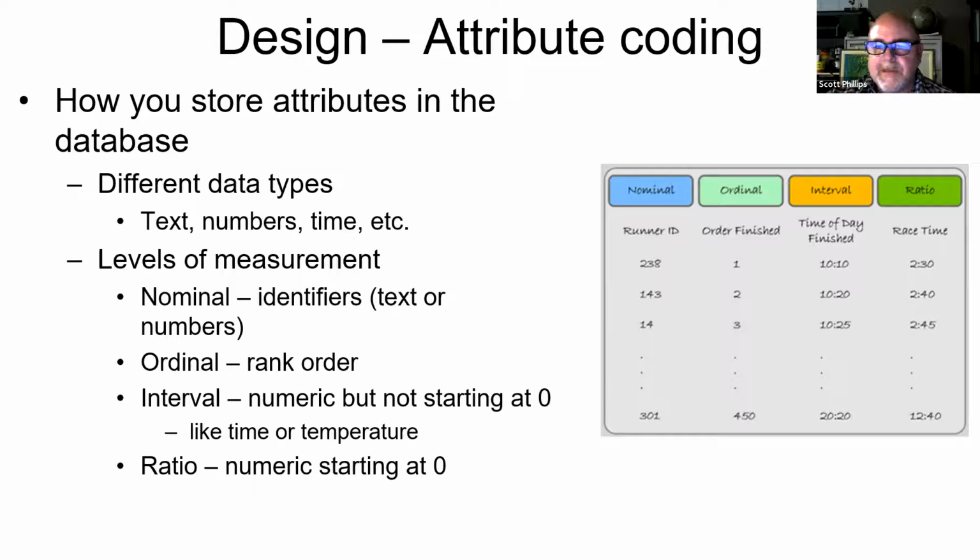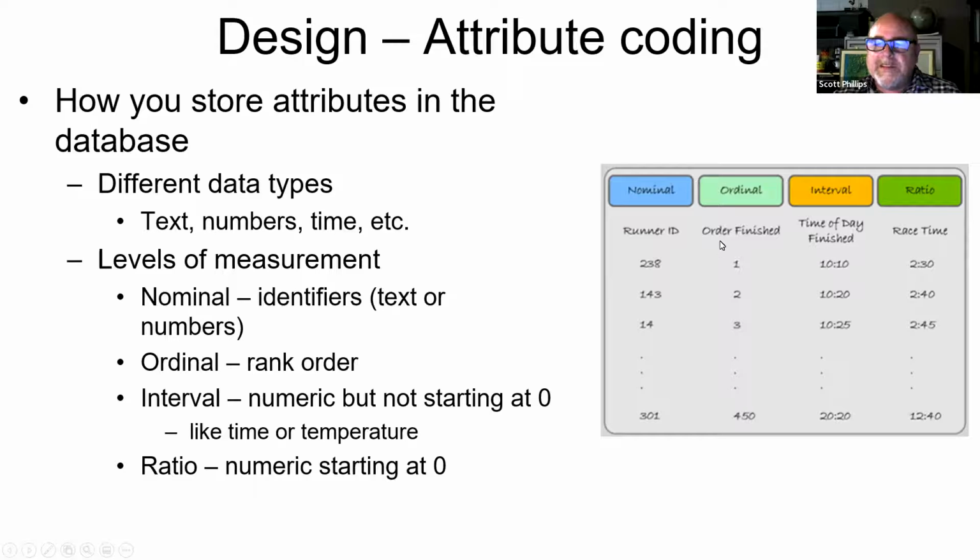Nominal data is just numbers. So in this example of information from a race, the runner ID is a number, but it doesn't have any practical meaning as a number. It's just like a name. You might as well just have the person's name there. It's just an identifier. 143 isn't 10 times better than 14. It's just different numbers. It's just nominal, like a name.